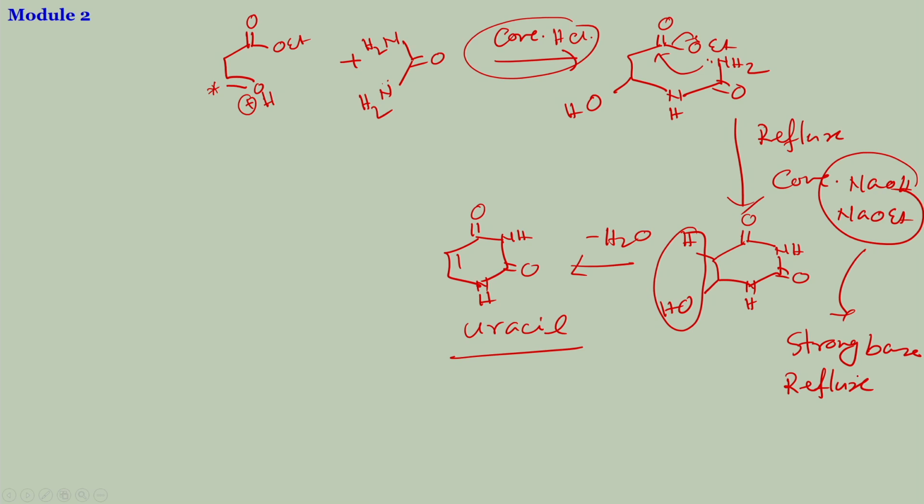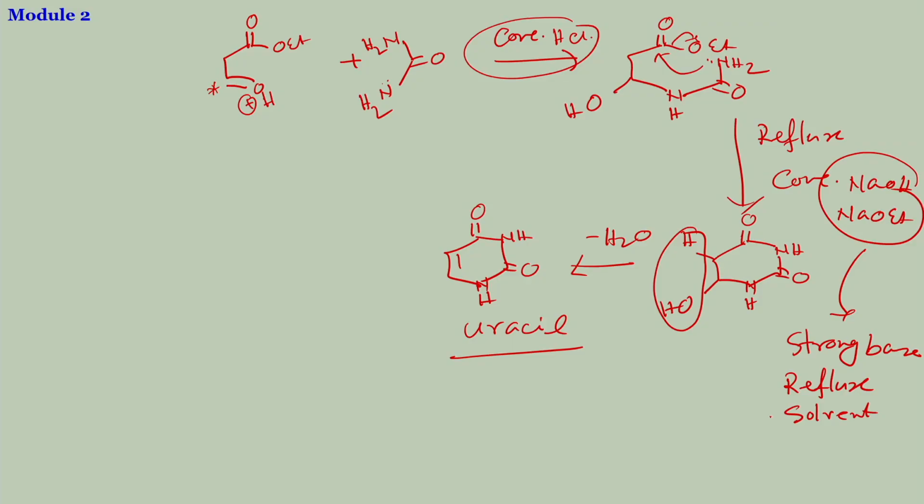So, you have to make all the compounds soluble in a solvent. So, you need a lot of solvent, organic solvent, and you need a reflux temperature for the solvent. So, high amount of acid and high amount of concentrated base is required for such reactions. You need huge amount of solvent and huge temperature to carry out such kinds of reactions. So, you can see the thymine, if it is thymine, there will be a methyl group here.